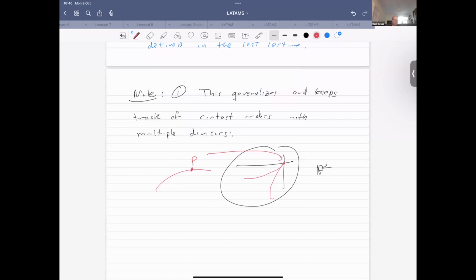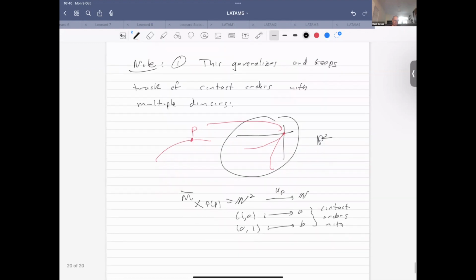So here, the stalk M bar X at f of p is N squared, because you have two divisors, and you have to record the order of vanishing of functions along each. And UP will now map us to N. And this will send (1,0) to A and (0,1) to B for some A and B. And these are the contact orders with the two divisors.